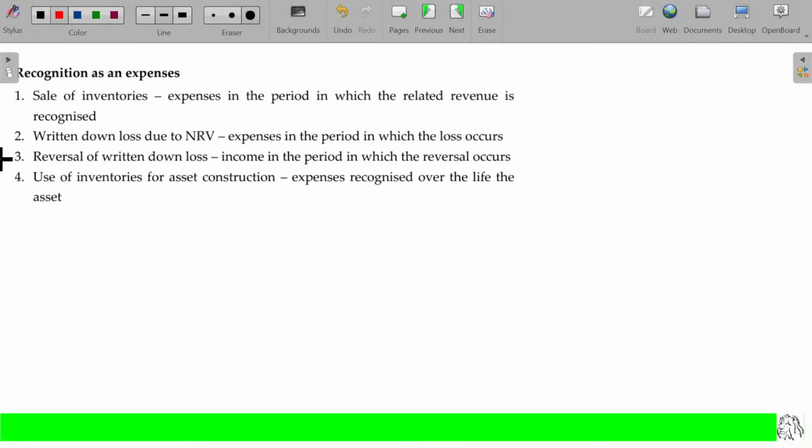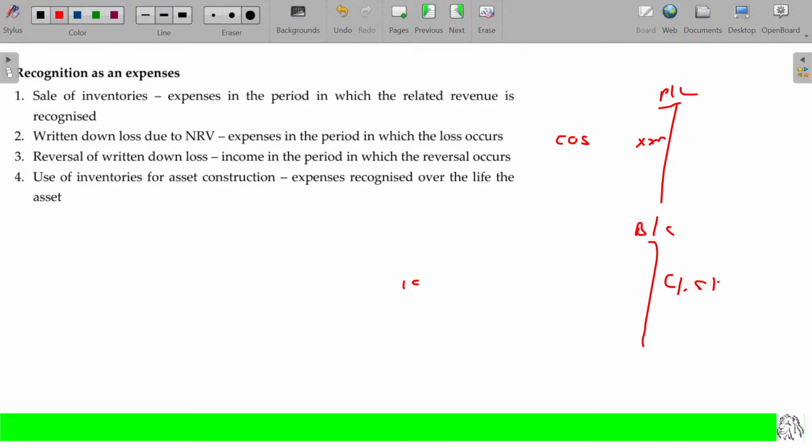Recognition as expenses. How do you recognize this as an expense? When the inventories are sold, this is an expense. So in your P&L account, stock will be an expense once it is sold, as cost of sales. If the goods remain unsold, then they will go to the balance sheet as closing stock.